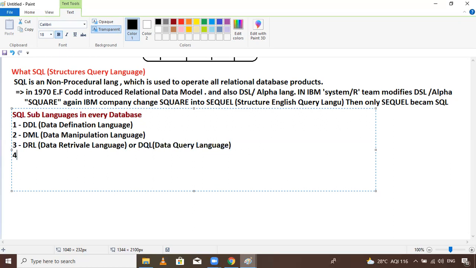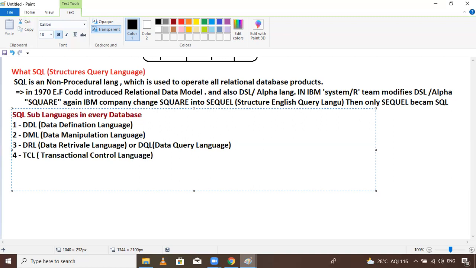Now the fourth point is TCL. What is it? Transactional control language.